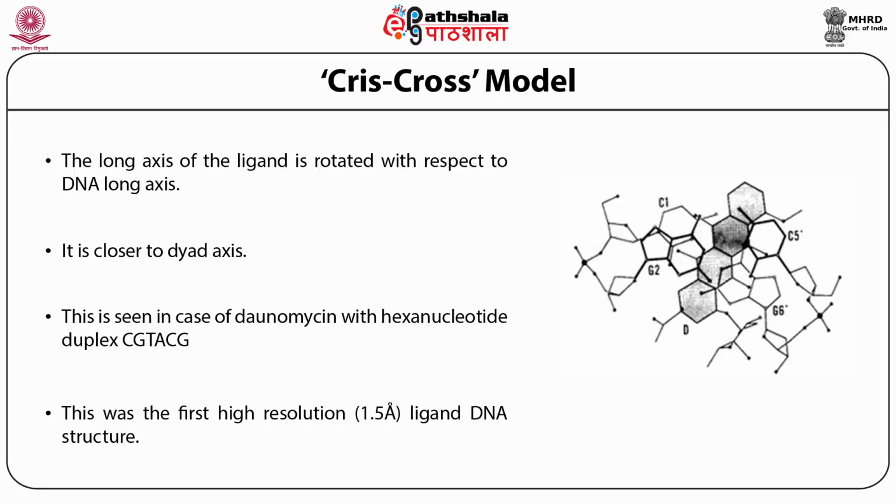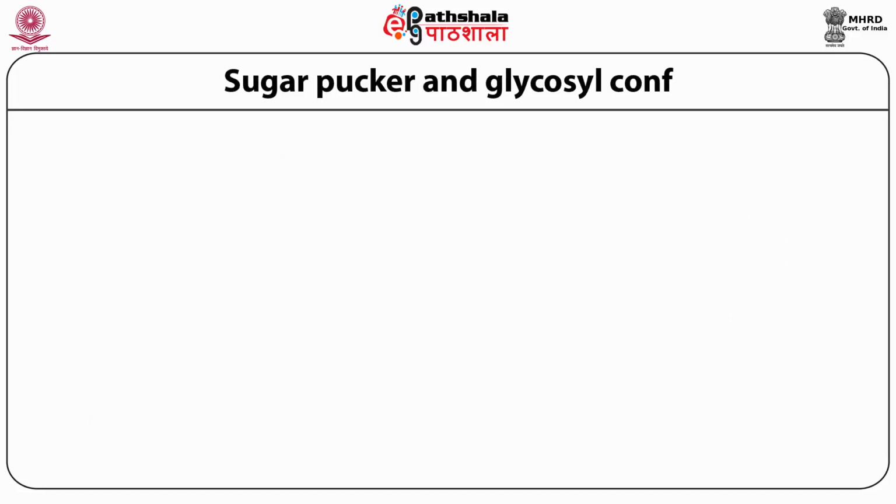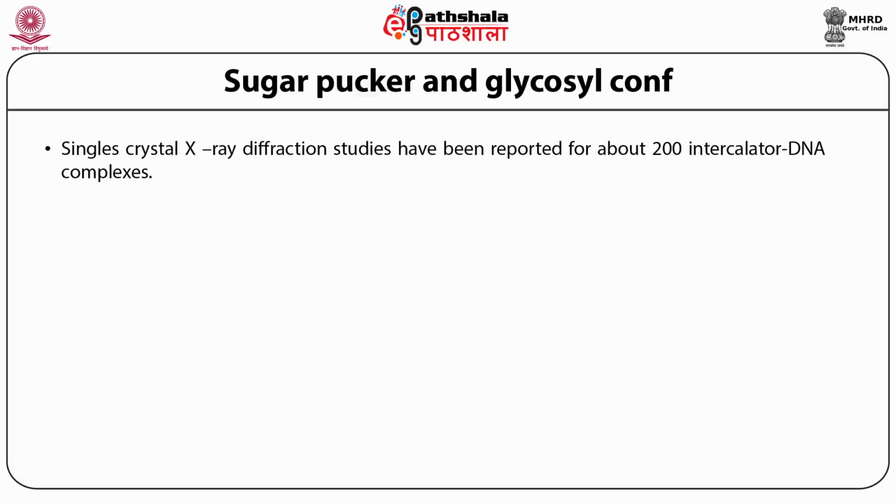We see here Daunomycin in the base pair TA in the hexanucleotide duplex. The sugar pucker and glycosyl conformation. Crystal structures of now more than 200 intercalators with DNA are solved.